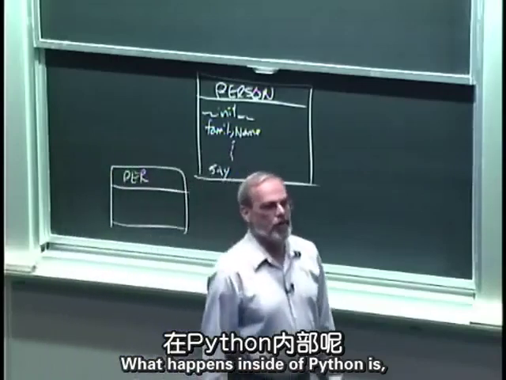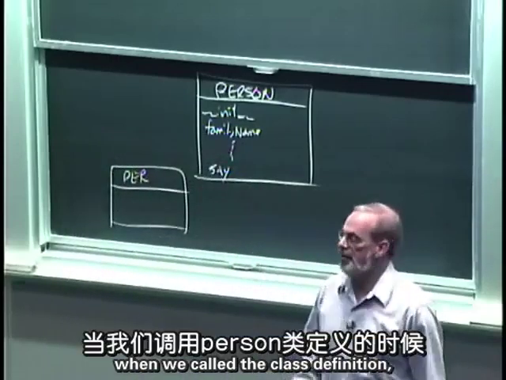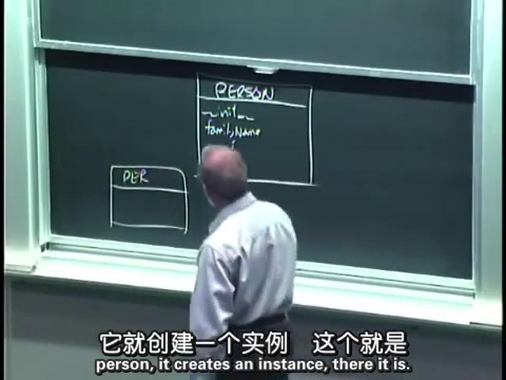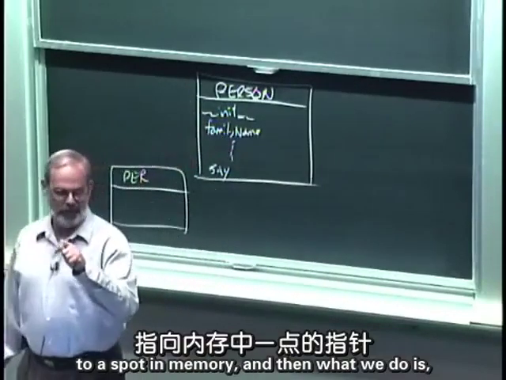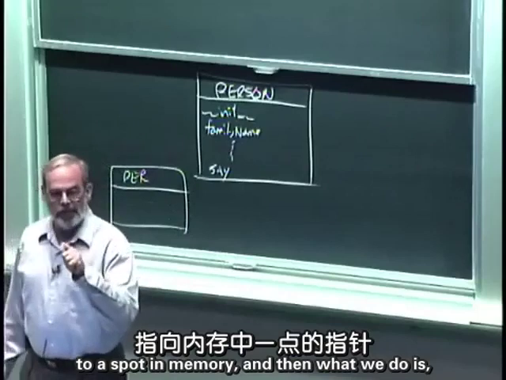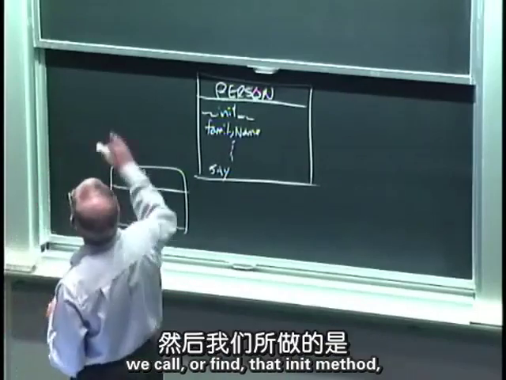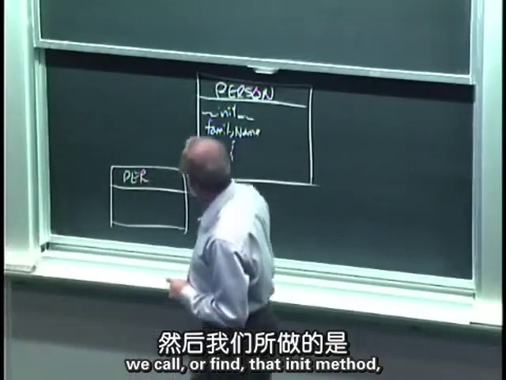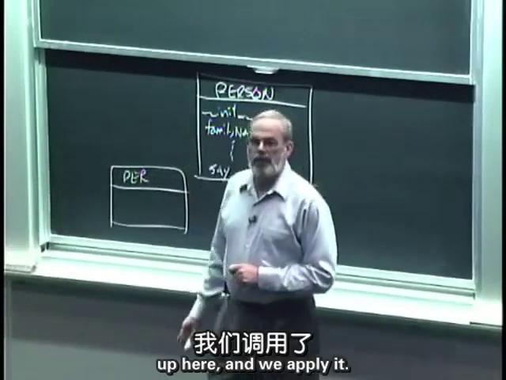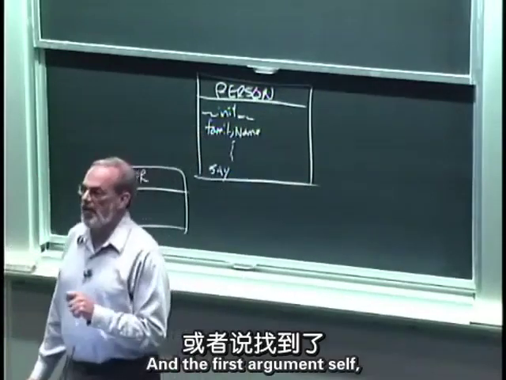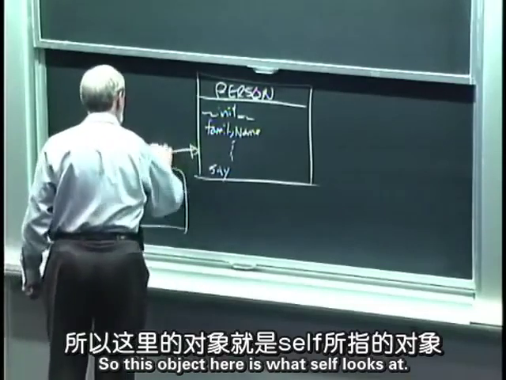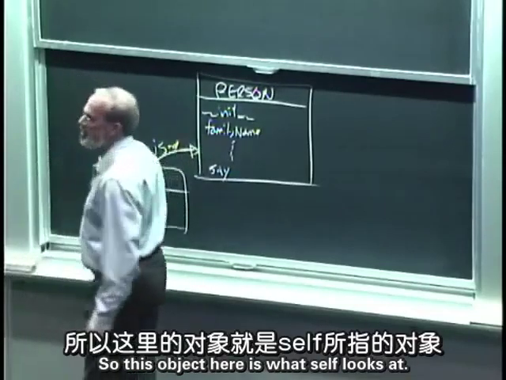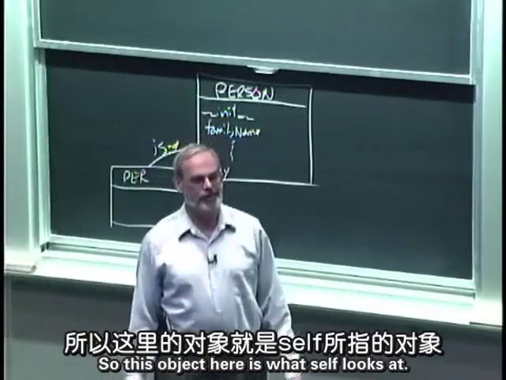What happens inside of Python is when we call the class definition, person, it creates an instance. There it is. Think of it as a pointer to a spot in memory. And then what we do is we call or find that init method up here, and we apply it. And the first argument, self, points to the instance. So this object here is what self looks at.